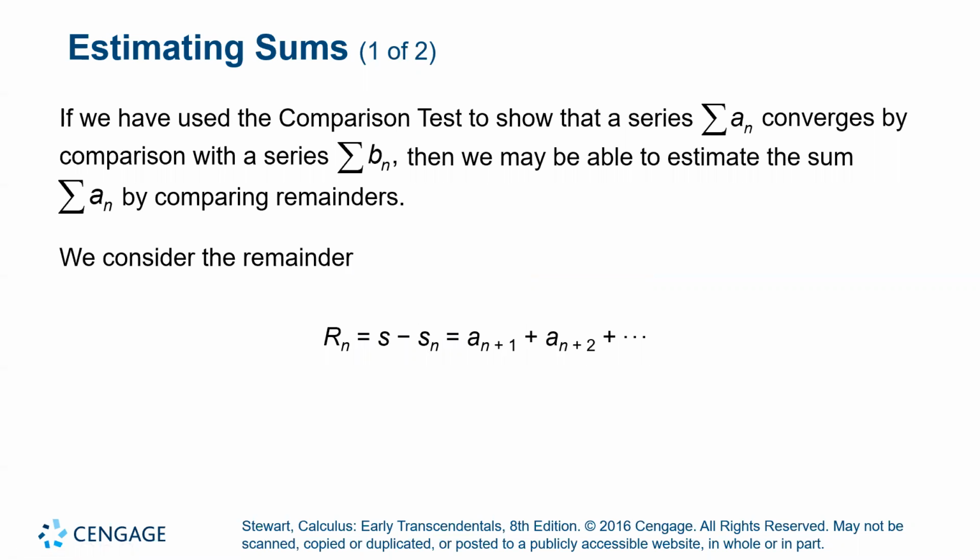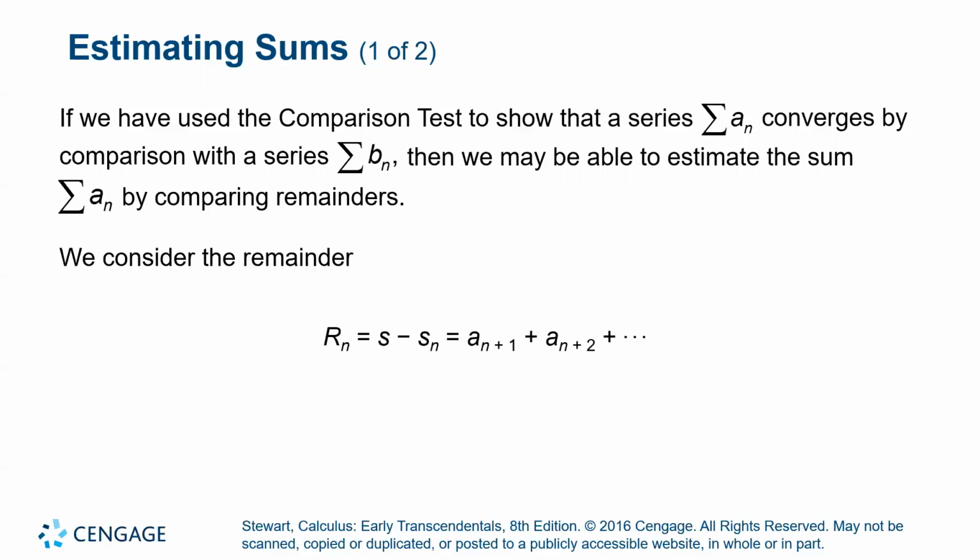So if we've already used a comparison test to show that our series converges or diverges, specifically converges, then we want to also know what's the sum or what's the remainder, just like we talked about in the last section. So remember that remainder is defined to be the true sum S minus your partial sum that you're using to estimate, Sn.